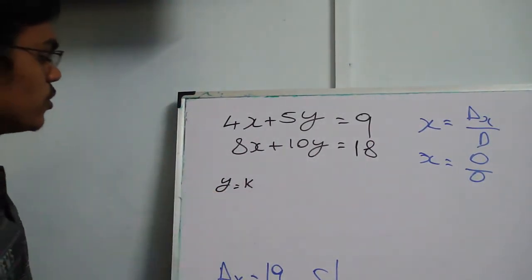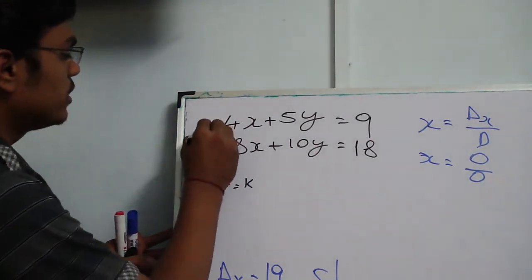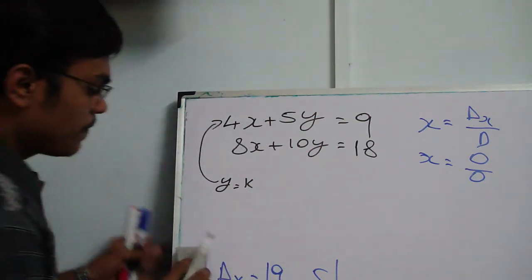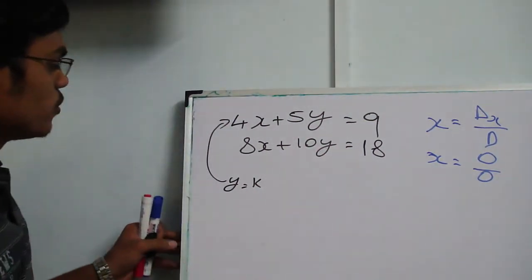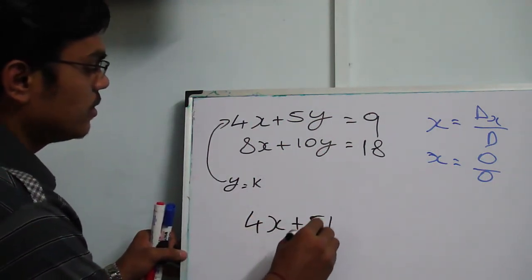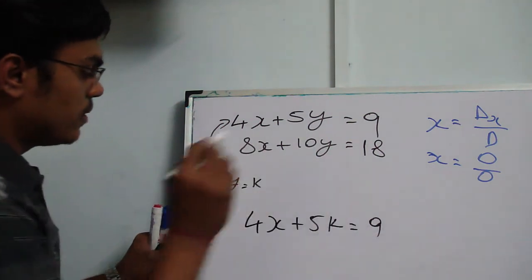If I consider y is equal to k, I substitute in the first equation, and I get 4x plus 5k is equal to 9.